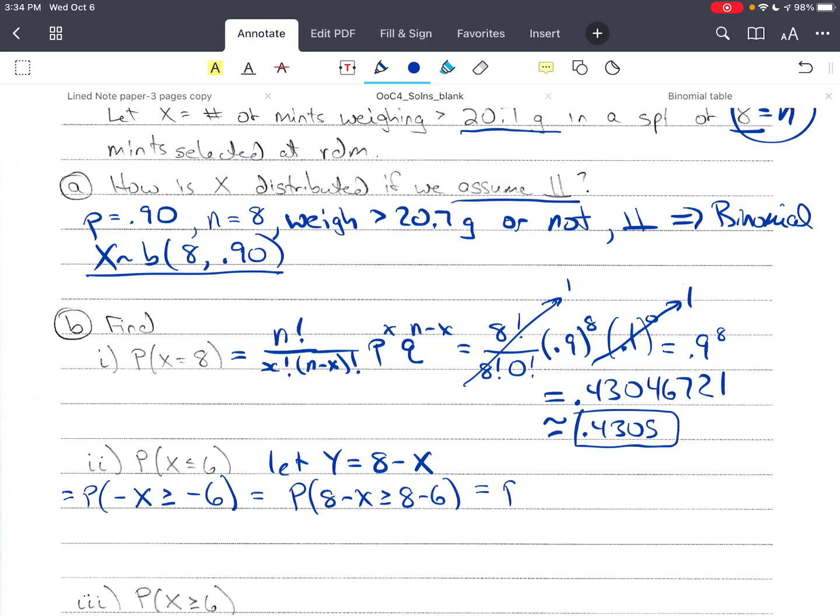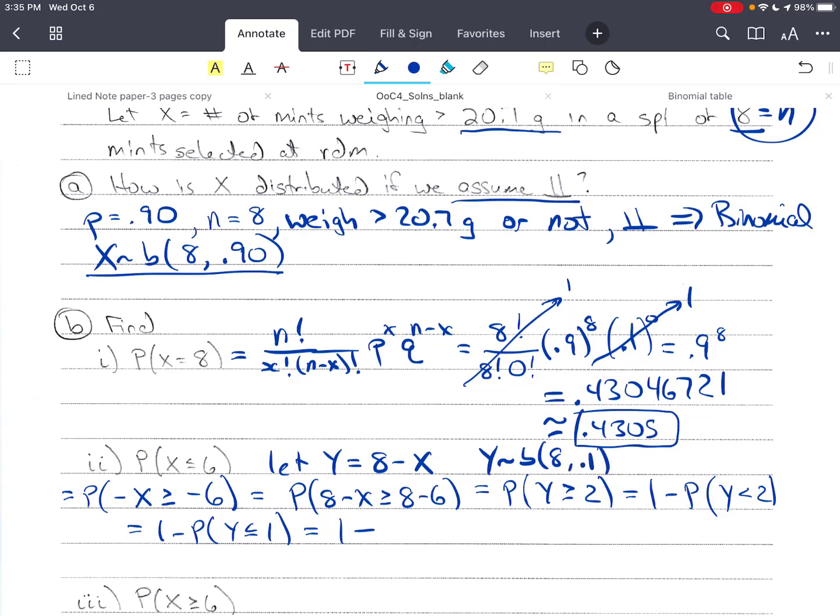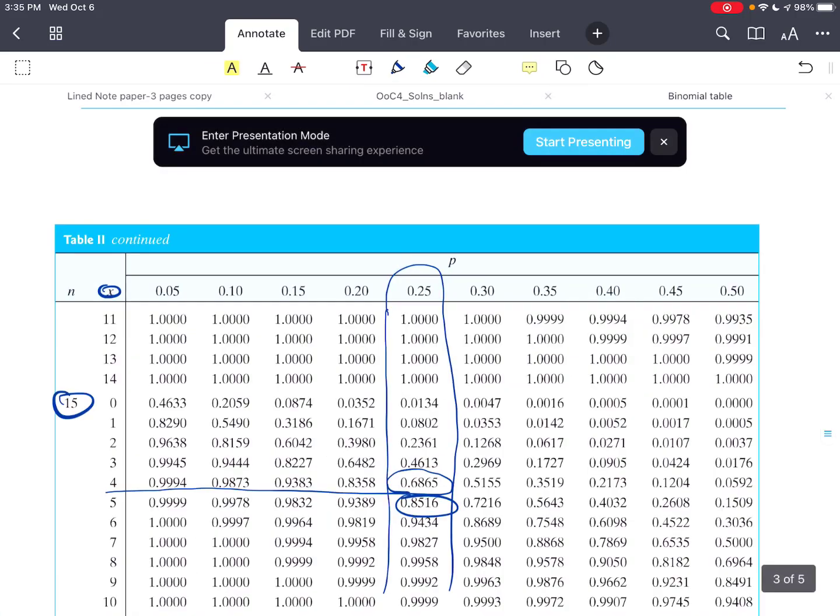So now we have the probability that Y is greater than or equal to 2, which is 1 minus the probability that Y is less than 2, which is 1 minus the probability that Y is less than or equal to 1, which is 1 minus, with Y binomial 8, and p is 0.1.